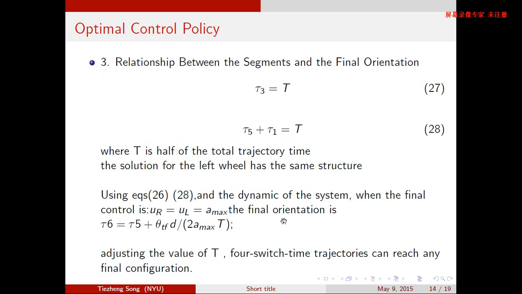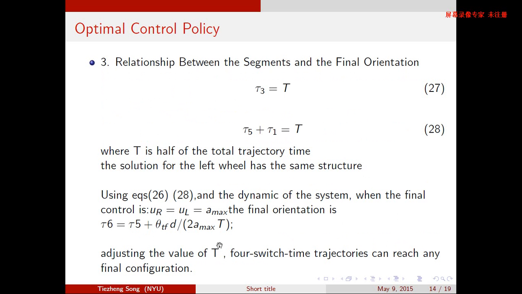In this case, if the final control is positive for all the whales, we can have this relationship.